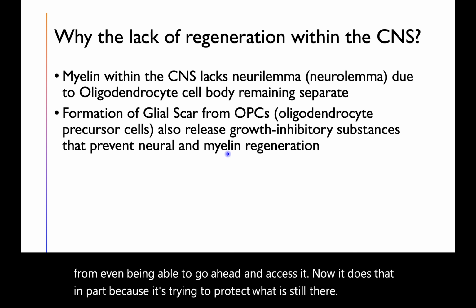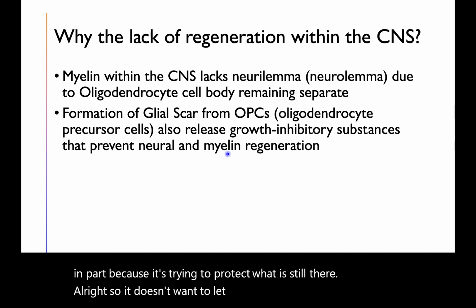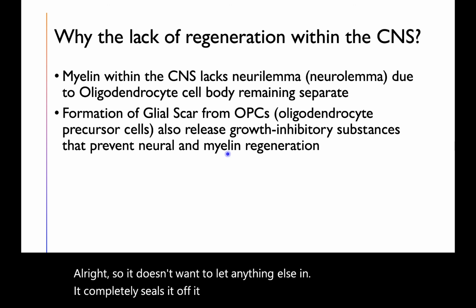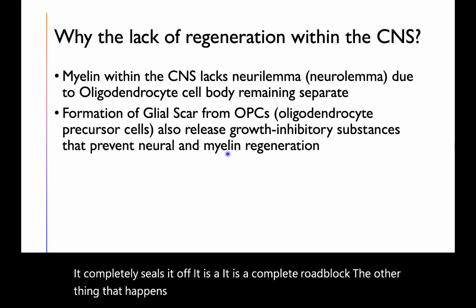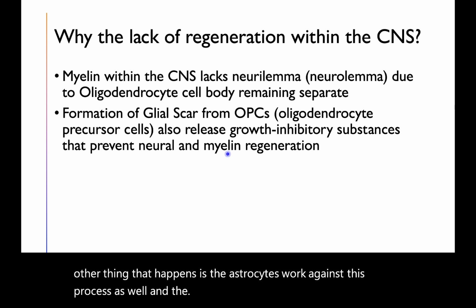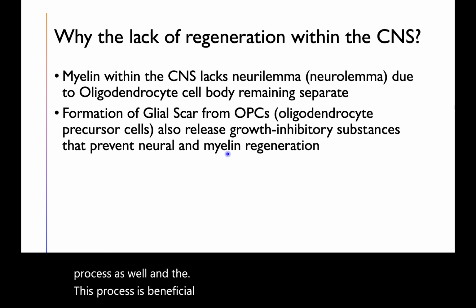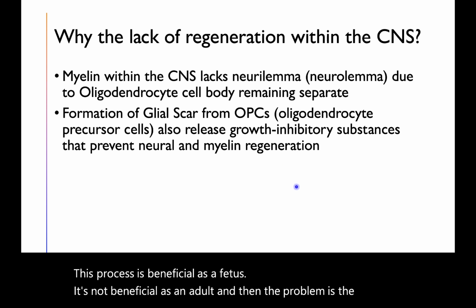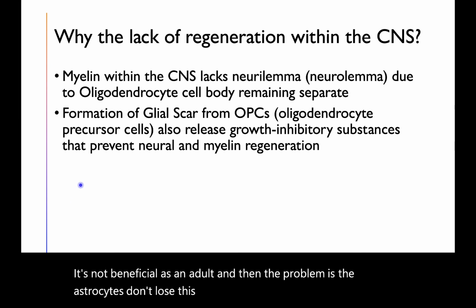So it doesn't want to let anything else in. It completely seals it off. It is a complete roadblock. The other thing that happens is the astrocytes work against this process as well. This process is beneficial as a fetus, it's not beneficial as an adult, and the problem is the astrocytes don't lose this ability.